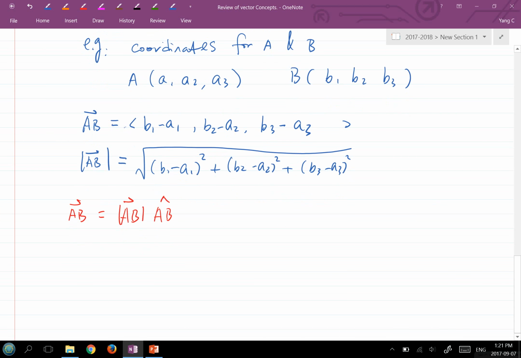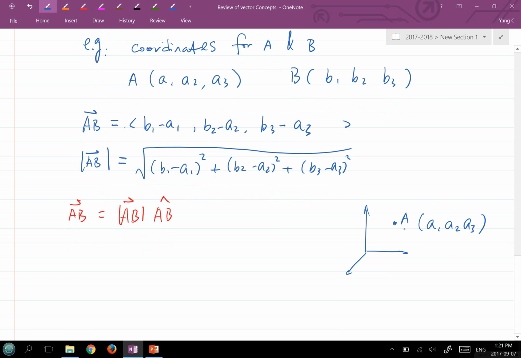Another small thing that I've seen some people get confused about: for example, you have a point A here with coordinates A1, A2, A3.